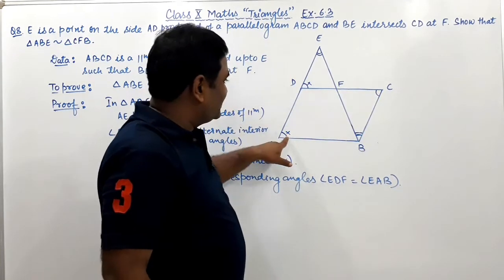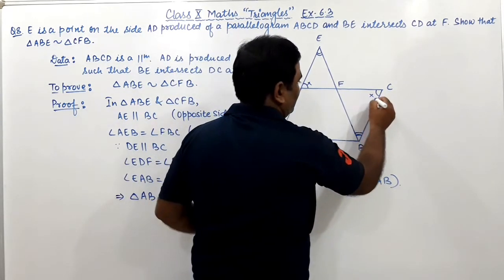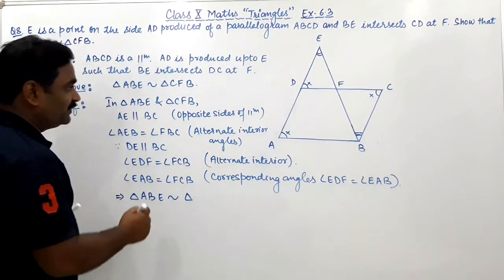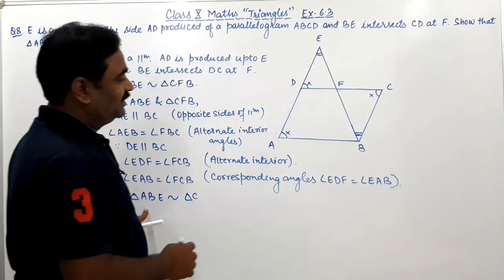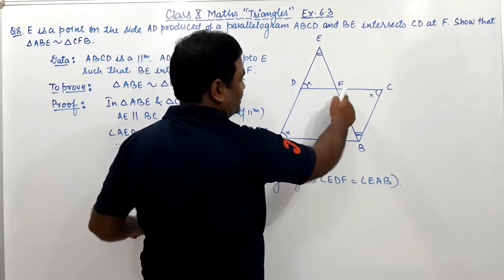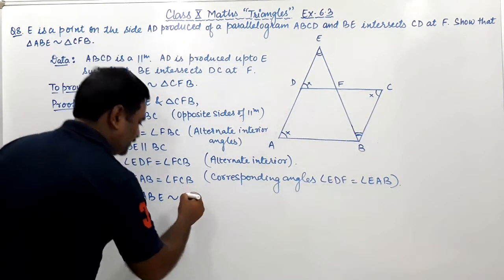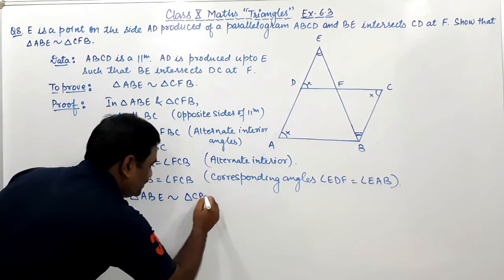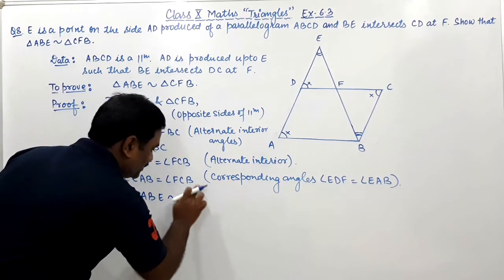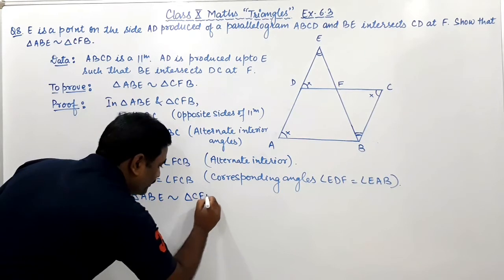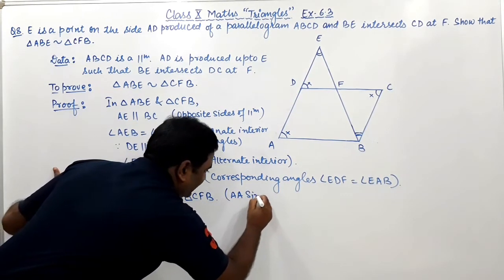So A we started with, A corresponds to C, so you have to start with C. Now B you have taken, B corresponds to F. After that, E corresponds to B. So triangle ABE is similar to triangle CFB by angle similarity criteria.